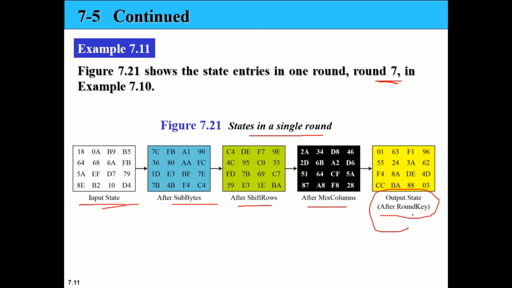So this will be the output state, right? This is how this process goes on up to the number of rounds which are permissible for the given AES, okay, which is 10 for AES 128, 12 for 192, and 14 for 256.